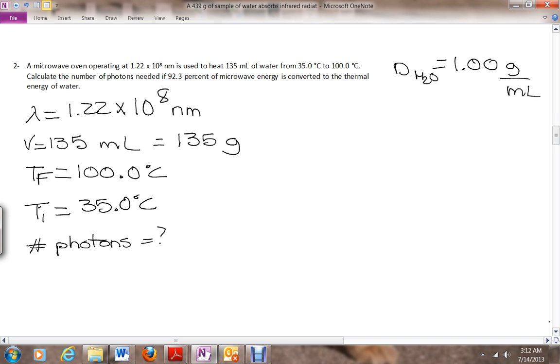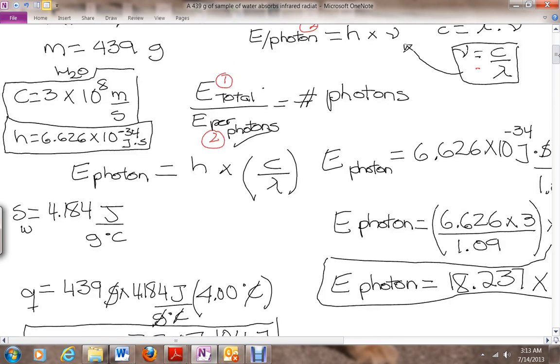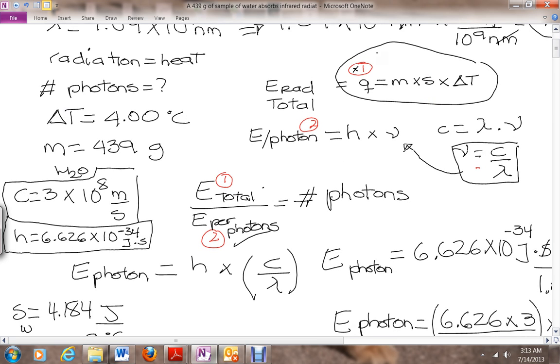And a photon needed if 92.3% of the microwave energy. Now all the energy, all the radiation, is not going to be converted to thermal energy like we had in the prior problem. There, all of it was 100%, so I said the total radiation was equal to the total heat.